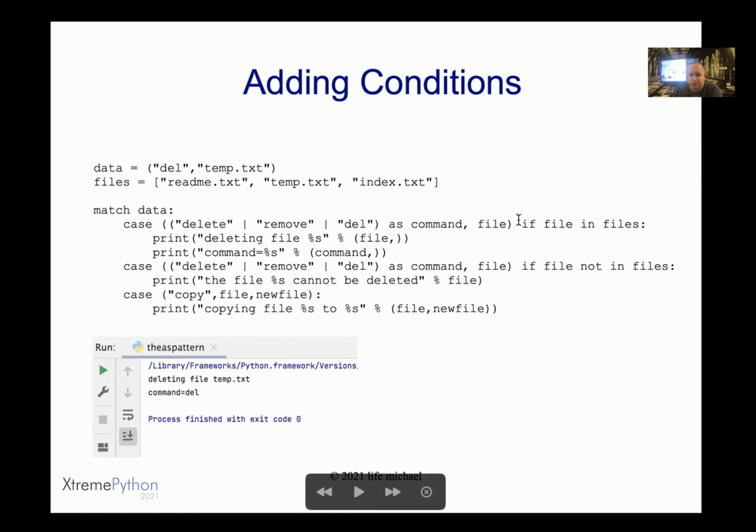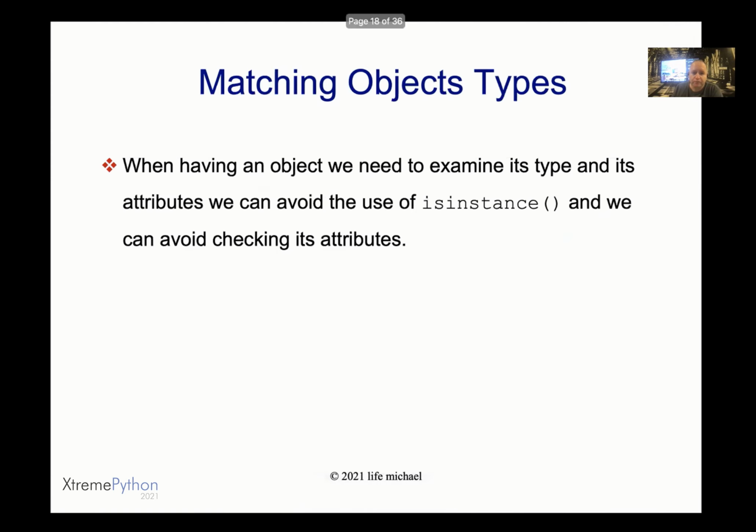So in this case, when we check if file in files, we actually check if the file, which is the second value, is one of the files we have in a specific list or in a specific iterable object. So using this if condition, we can turn the pattern matching into something even more sophisticated.